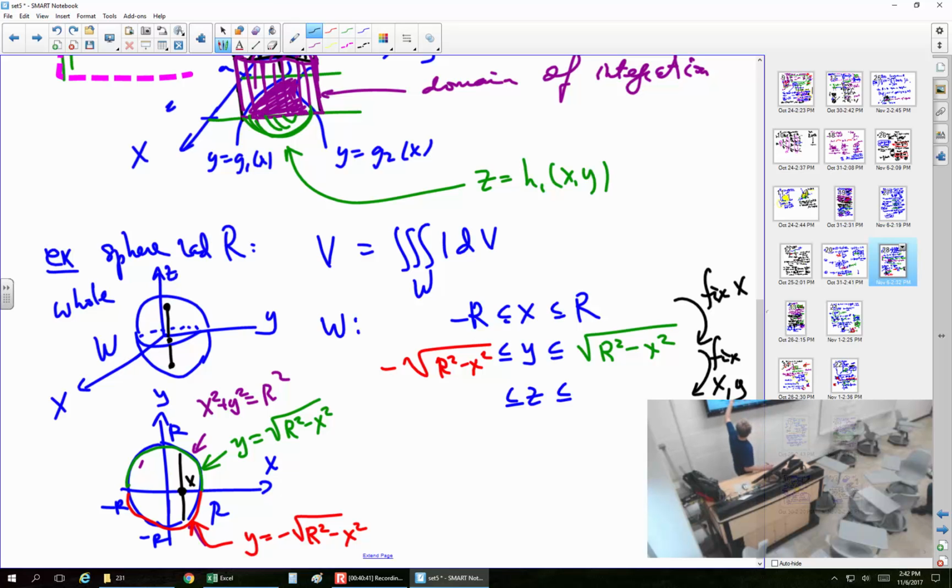So I pick an xy point over here, and then I go up from that direction until that straight line intersects the surface, and the upper and lower intersections will have different meanings then, right? So what is this? xy is fixed once again, so xy is this point over here.